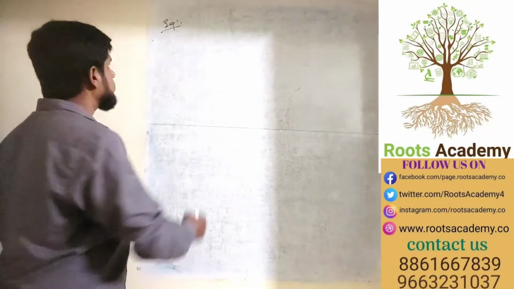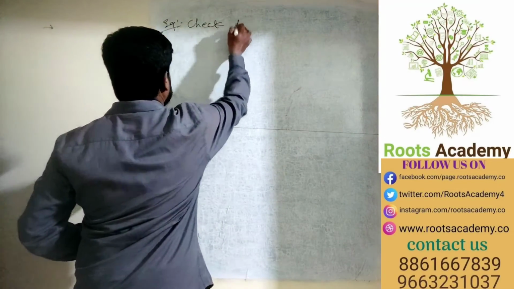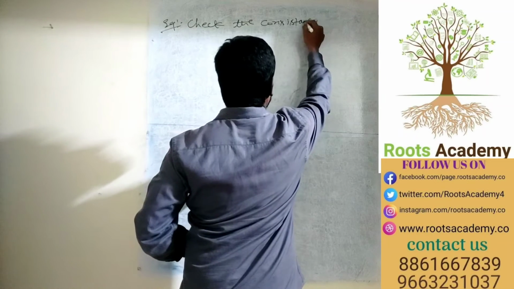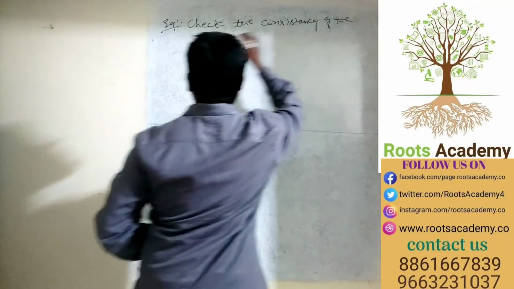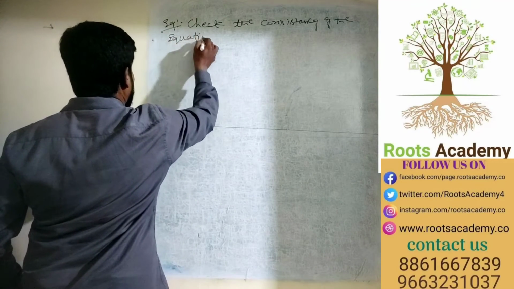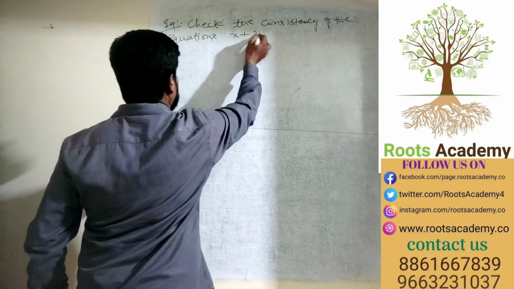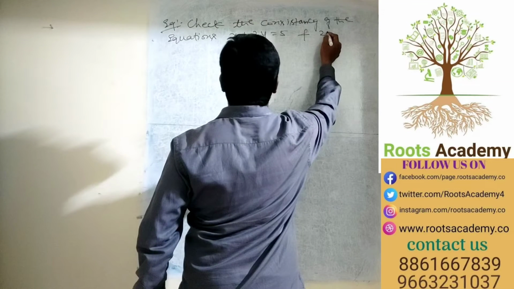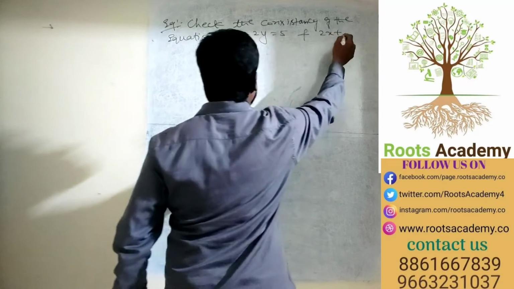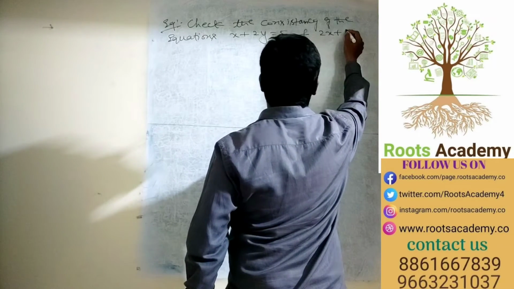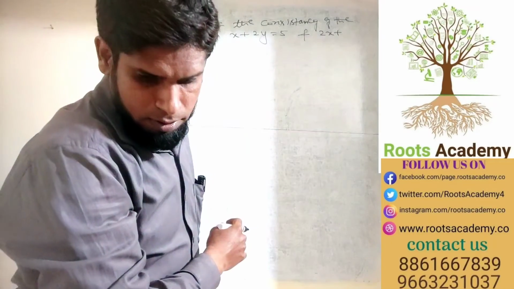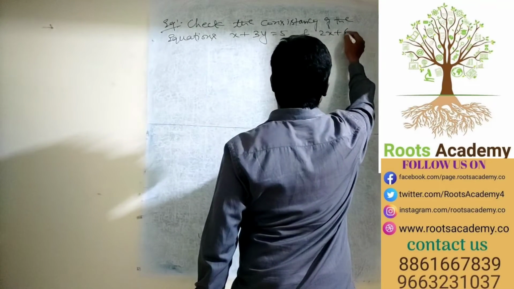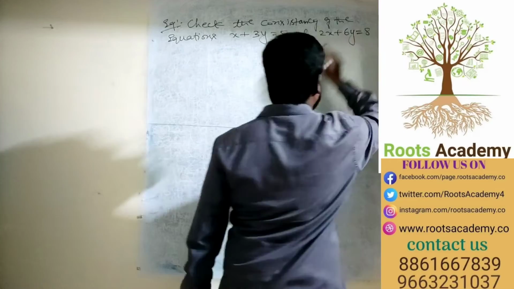Let us go to the next problem. Check the consistency of the equations x plus 3y is equals to 5 and 2x plus 6y is equals to 8.